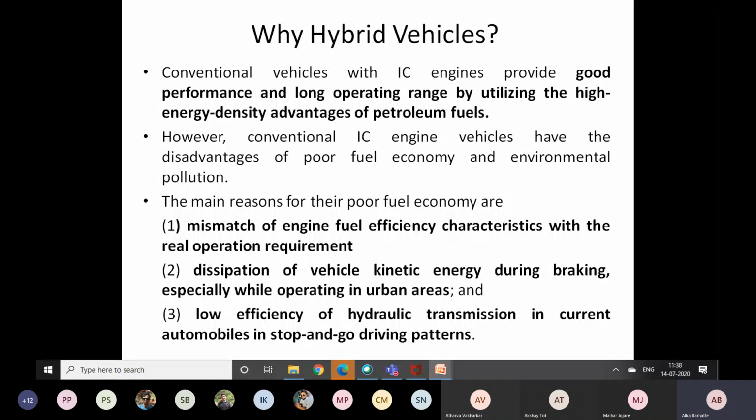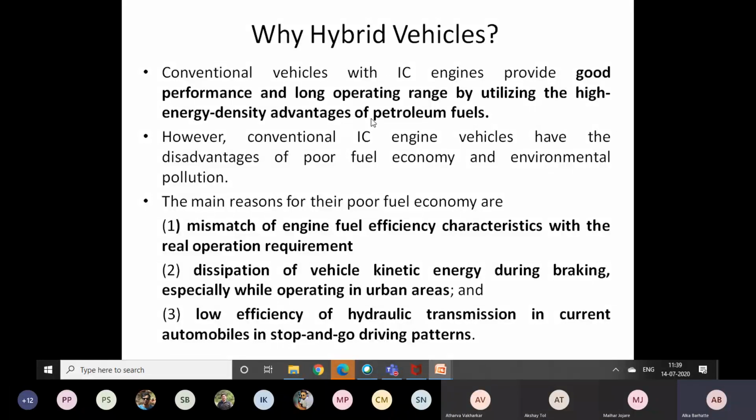Electric vehicles currently cannot be used for longer distances; we need to charge those vehicles frequently.